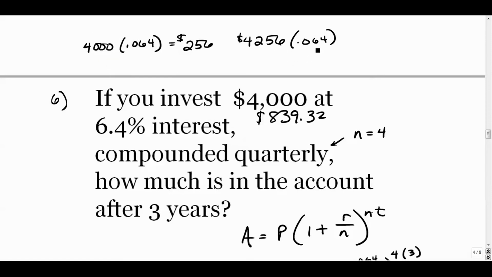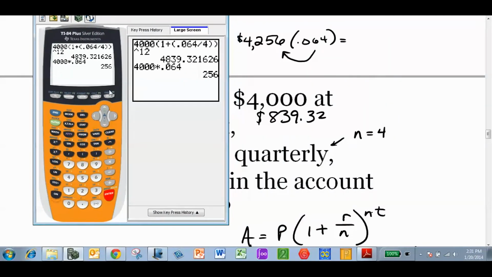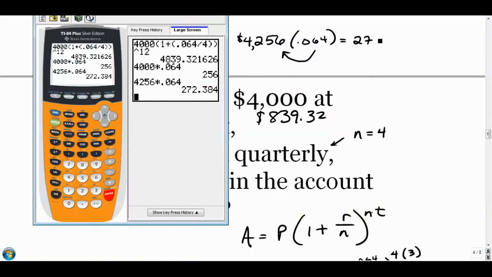When it compounds, the word compound means that the interest rate is being applied to the new account balance rather than the initial principal. So now when we enter that in, 4256 times 0.064, it's $272.38.